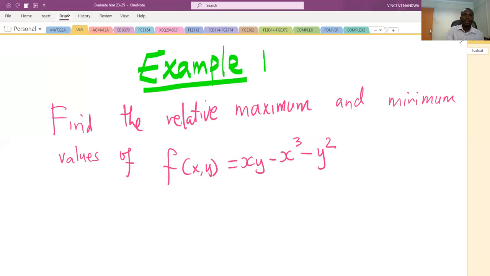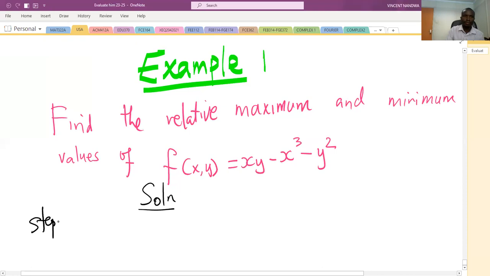So step one is to find the partial derivatives. So step one, determination of partial derivatives.